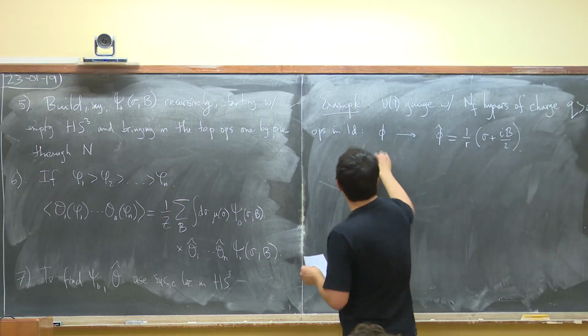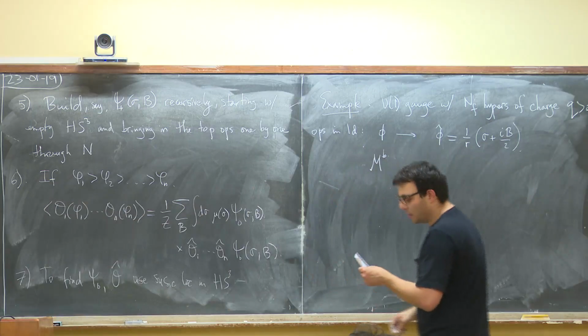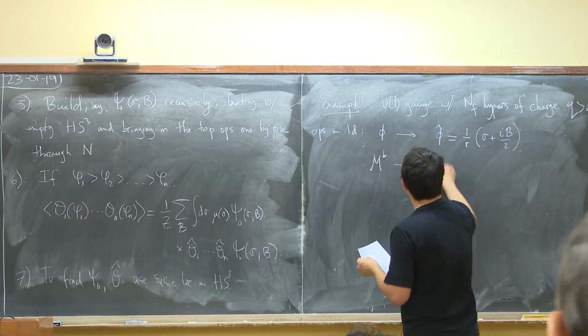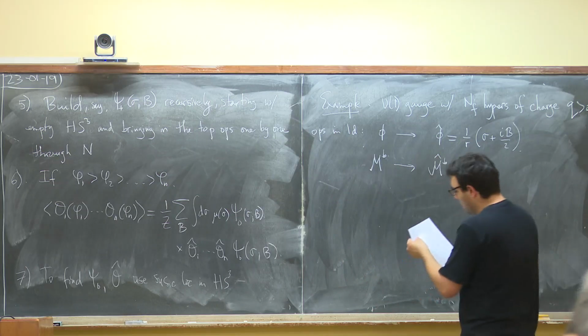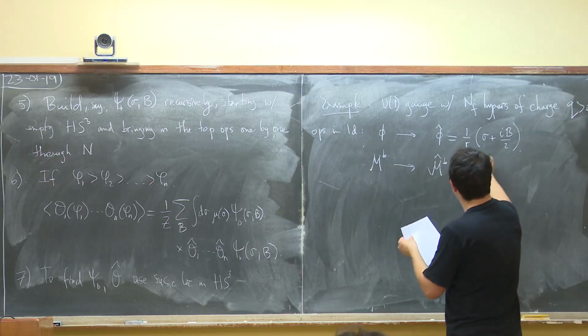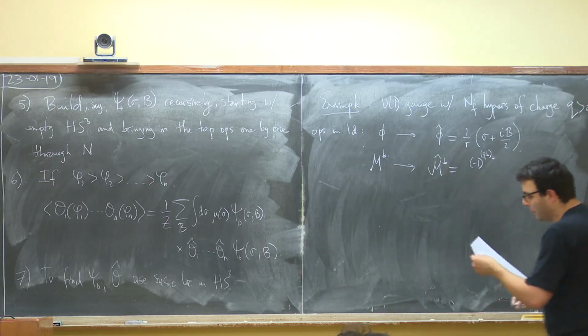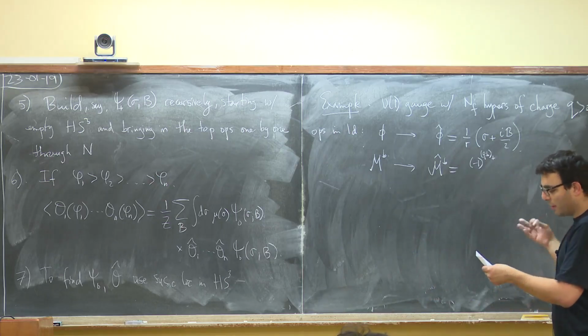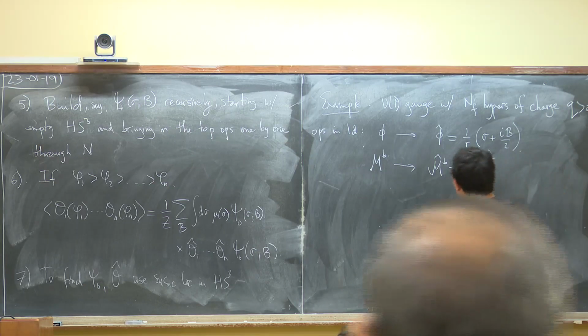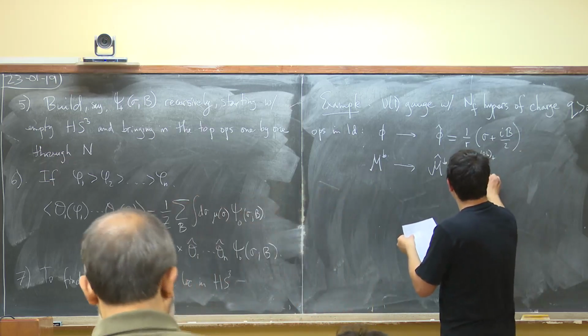And then for the monopole operator of charge b, where b is an integer, I just have to tell you what this m hat b is. And the formula is this: minus 1 to the power of the positive part of qb, where positive part means the number if it is positive, or 0 otherwise, divided by r to the power qb over 2.